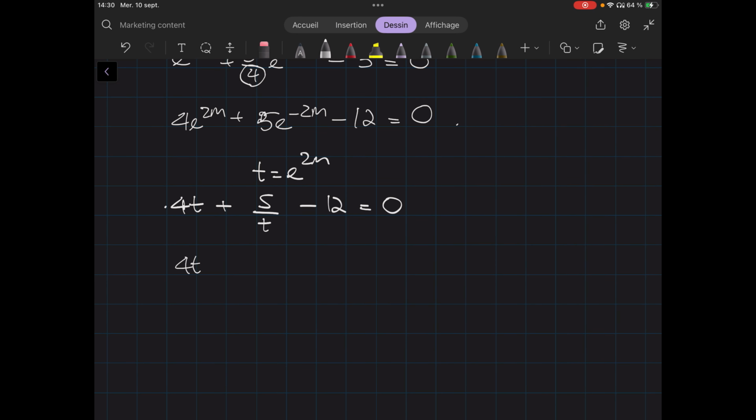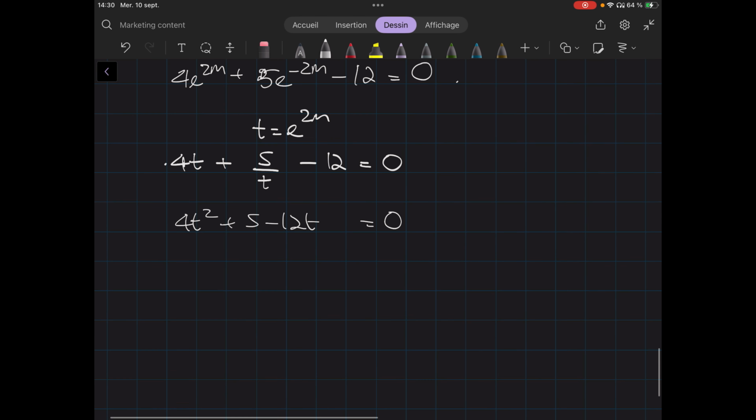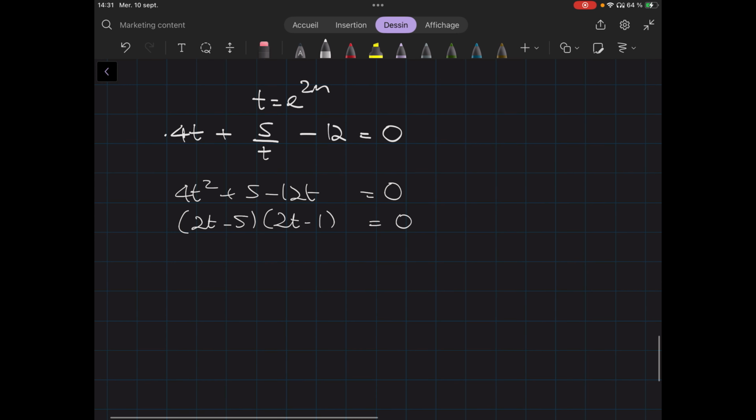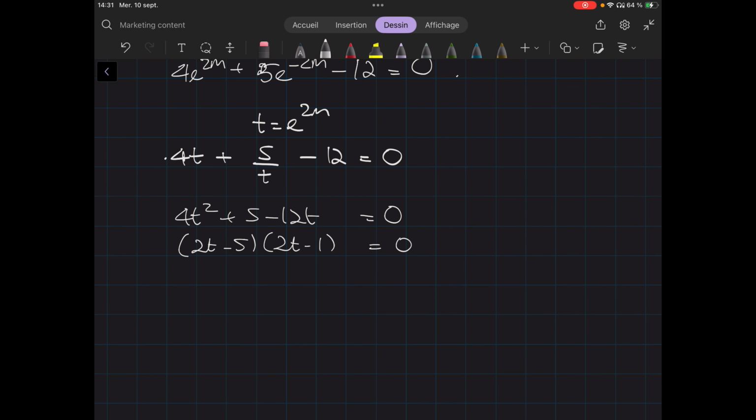Multiplying everything by t, factorizing the resulting quadratic, and your t is either 5 by 2 or 1 by 2.